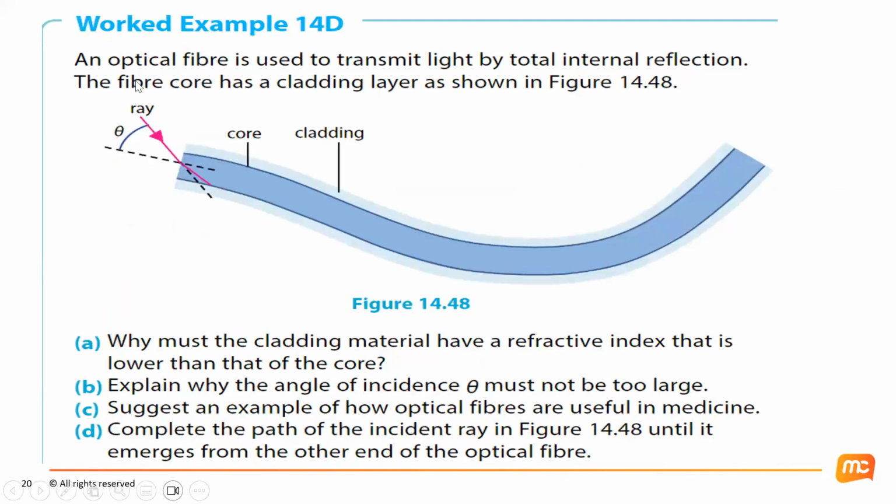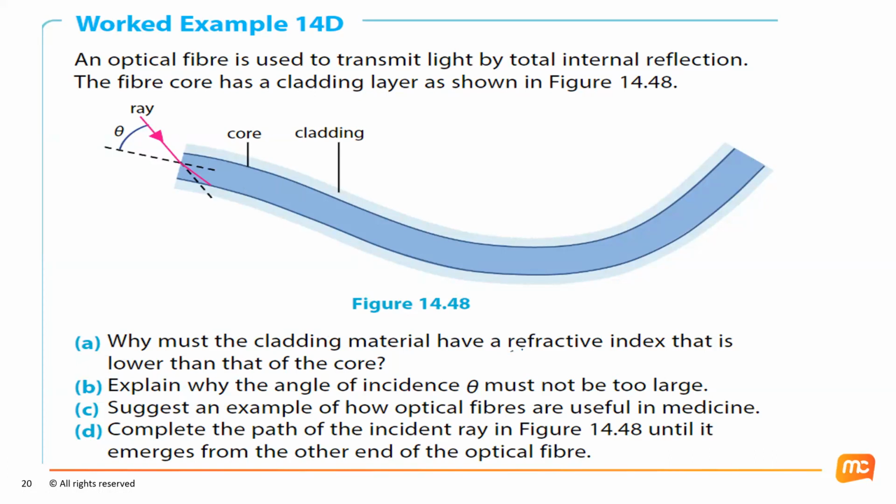Okay, next example. An optical fiber is used to transmit light by total internal reflection. And then they say that the fiber core has a cladding layer. So this dark blue is the core, the main part. And then there's an outer layer called the cladding layer, which is the light blue part. They ask you, why must the cladding material have a refractive index that is lower than that of the core?